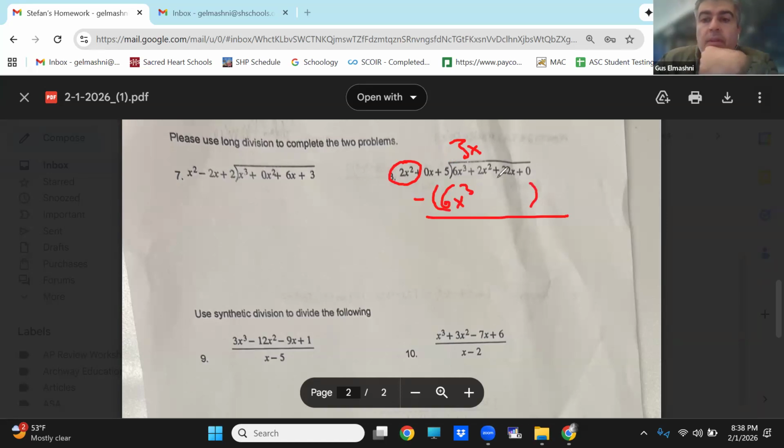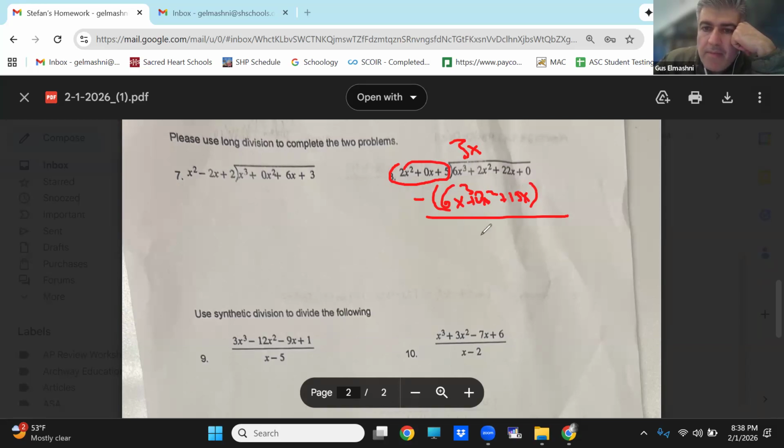Okay. Then what you want to do is multiply 2x squared, sorry, you want to multiply 3x by all those things, right? So it'll be 0x squared plus 15x.